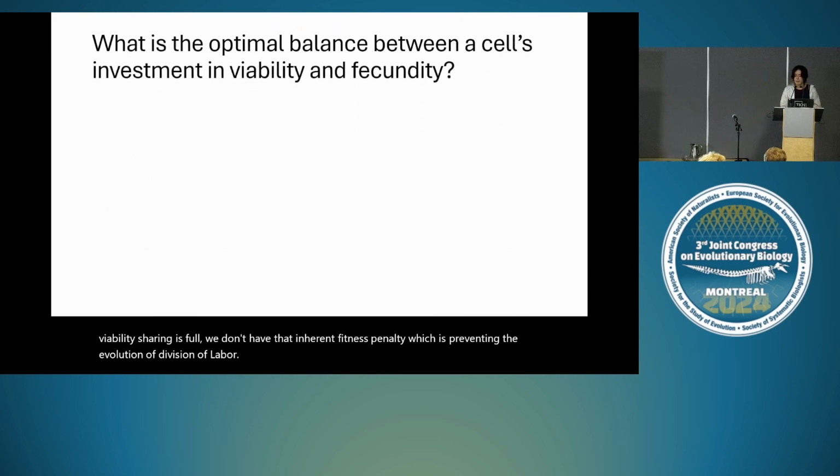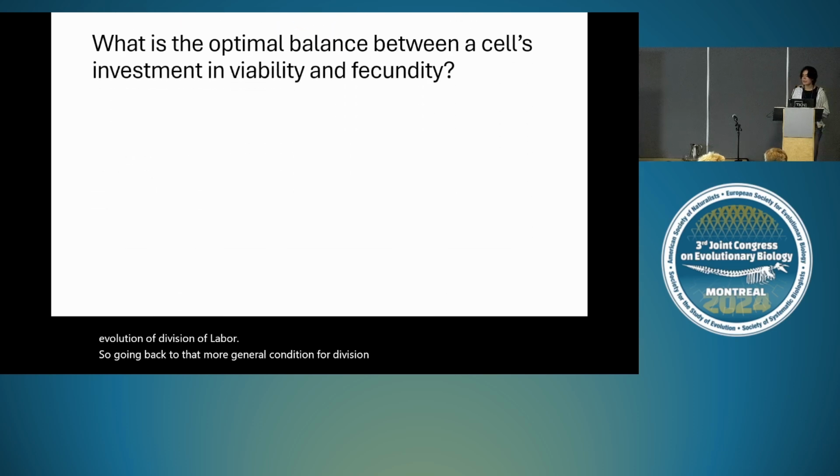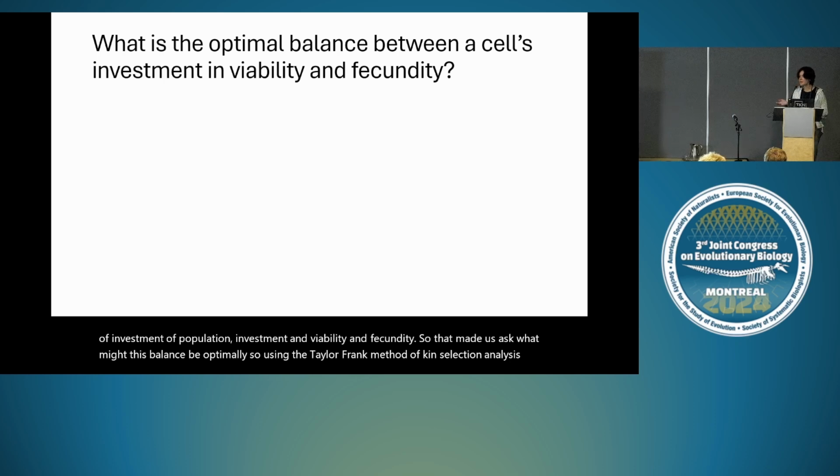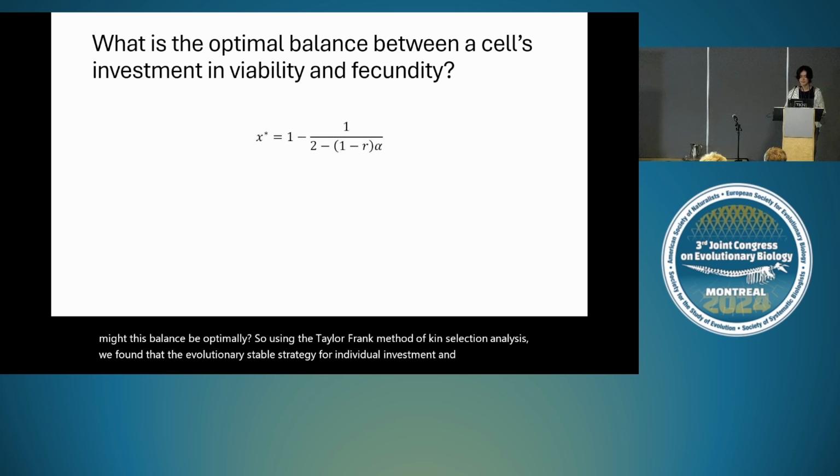So going back to that more general condition for division of labor, it relied on the balance of population investment in viability and fecundity. So that made us ask, what might this balance be optimally? Using the Taylor-Frank method of kin selection analysis, we found that the evolutionary stable strategy for individual investment in viability is given by this equation, where again, r is going to be relatedness and alpha is sharing.